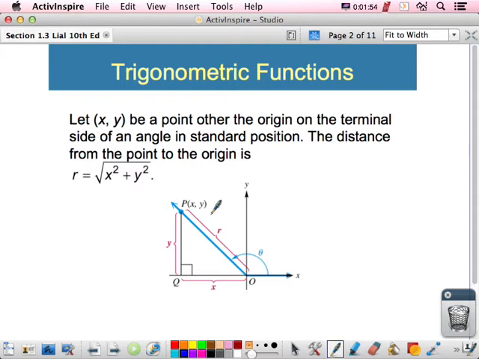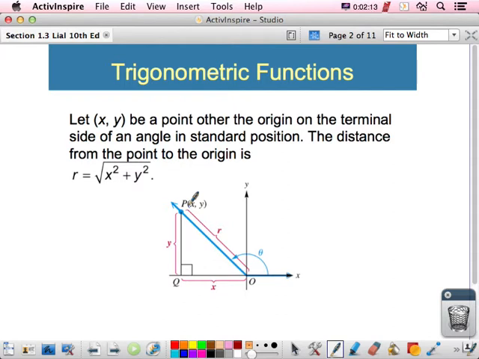Because to get to that point, I go over here, so this is going to be your x value, and up here, that's going to be your y value. And then you're going to use the Pythagorean theorem to find the hypotenuse. Does that make sense? Your book says to memorize, and they call it r. They don't call it c like you do in the Pythagorean theorem.